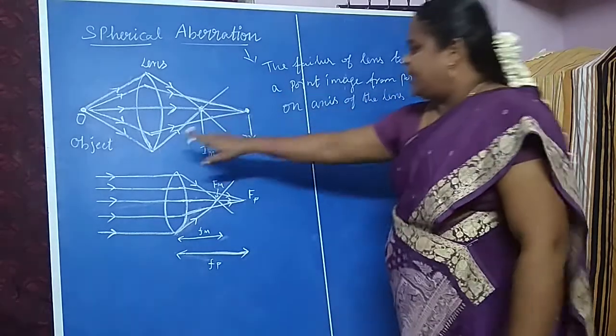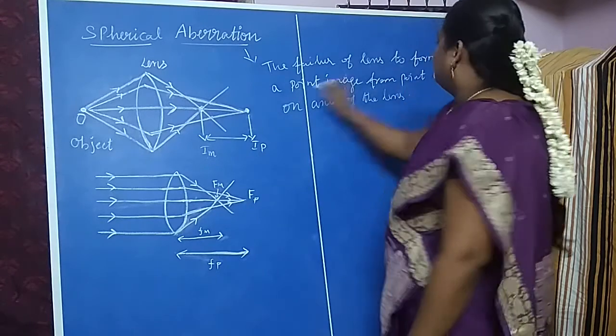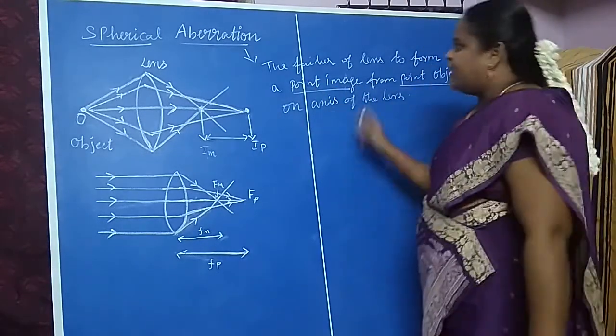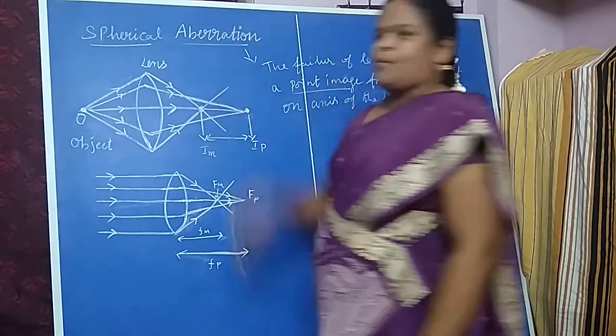So failure of the lens to form a point image from a point object on the axis of the lens is called spherical aberration.